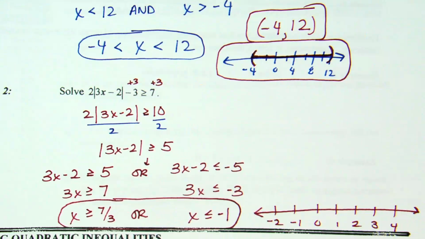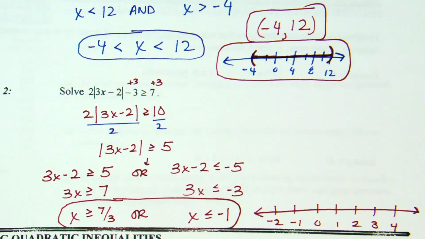How do I graph that? Yeah, 7/3. What is that? 2 point something? Because 3 goes into 7 twice with a remainder of 1. So this is 2 1/3.